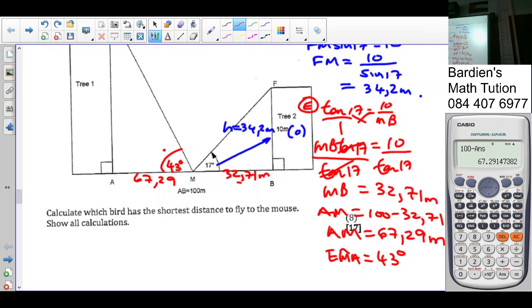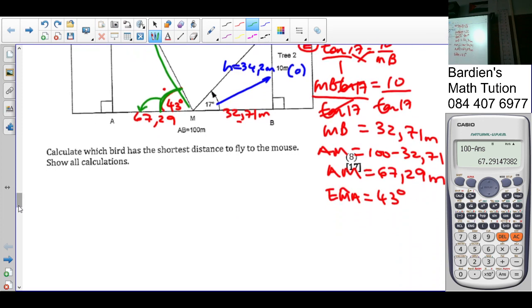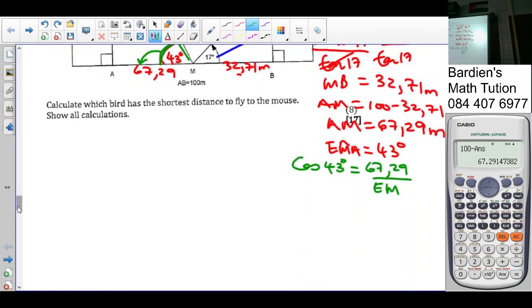So now which trigonometric function am I going to use? We have the adjacent, and we want to calculate the hypotenuse of this piece, which is EM, so cos. So we say cos of 43 degrees equals adjacent, which is 67,29 over EM, which is the eagle to the mouse length. So what do I do now?